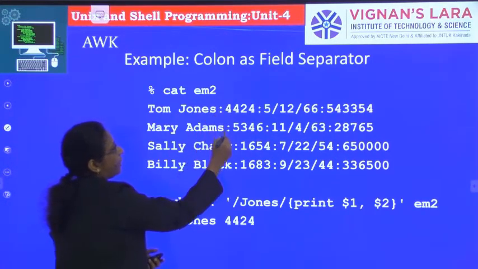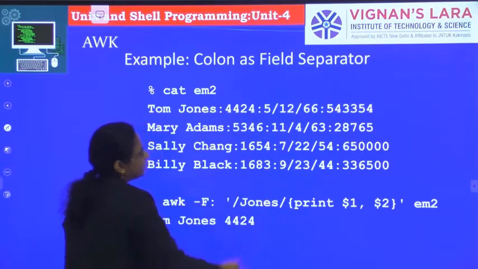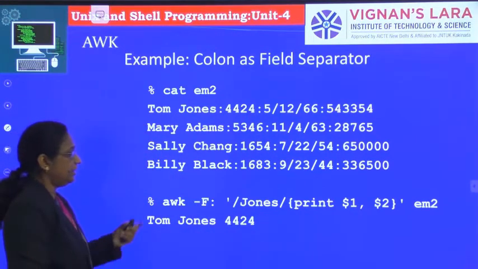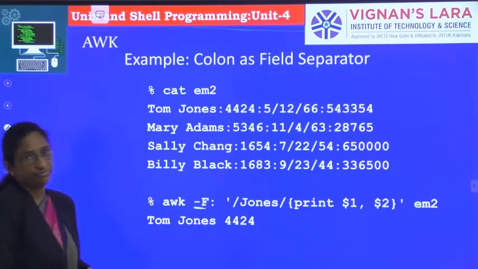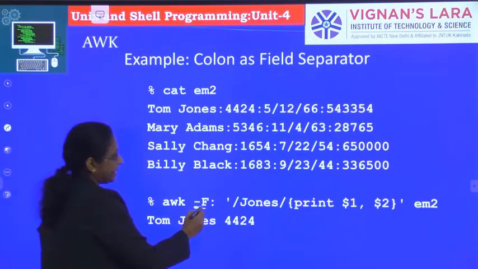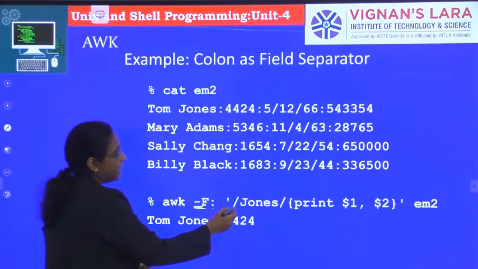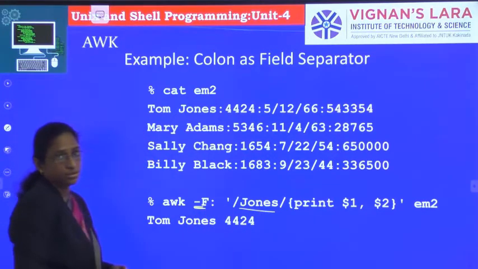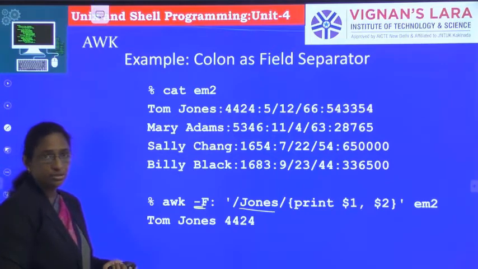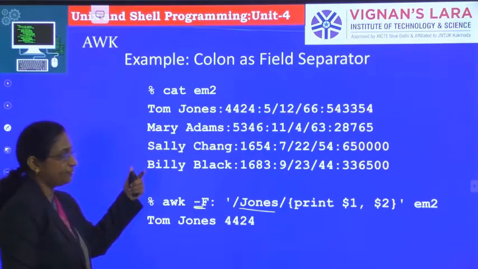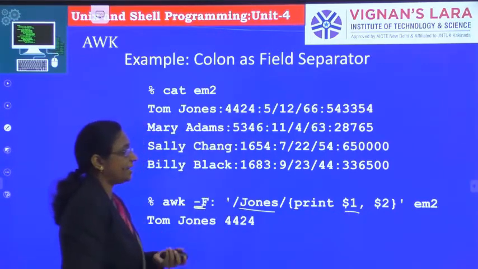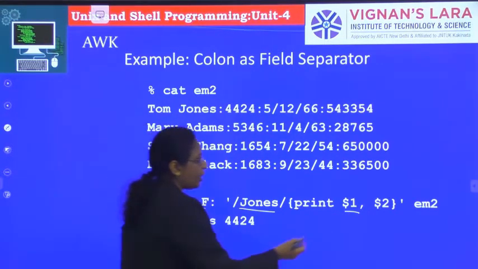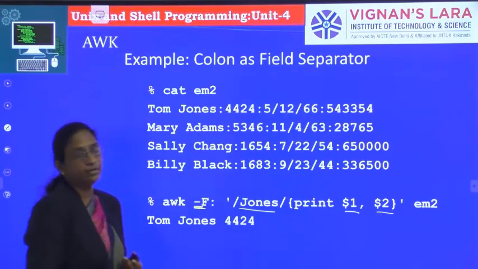Since this colon is a field separator, we have to specify the separator by using the -F option, -F colon. Then I am searching for the pattern zones, and whenever the pattern zones is found, I want to print $1, which means field 1, and $2, which means field 2.